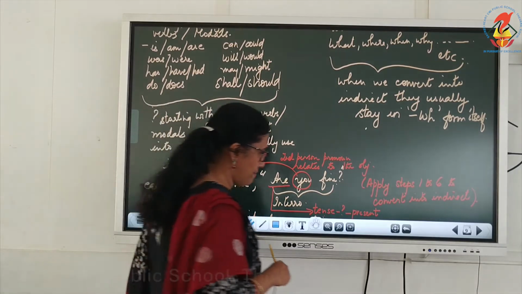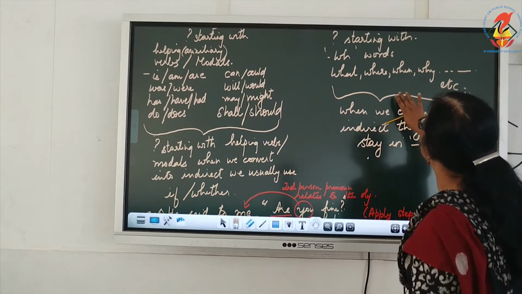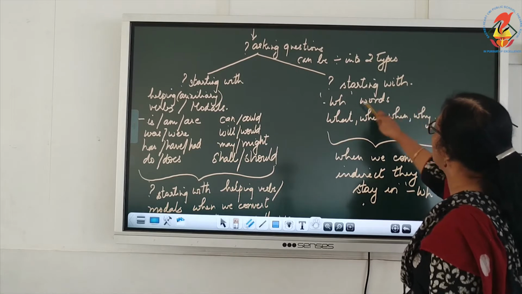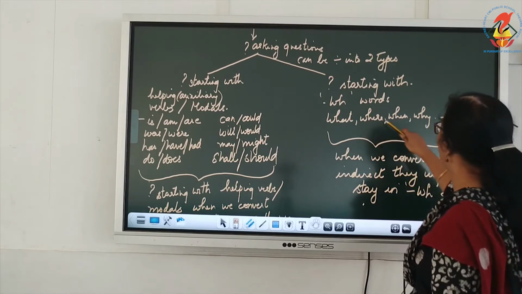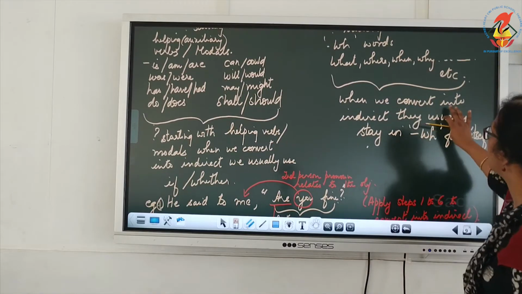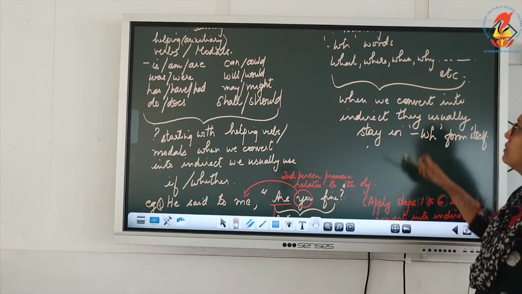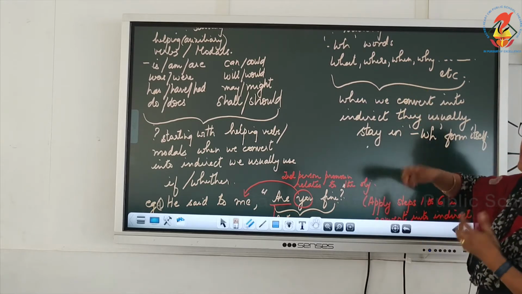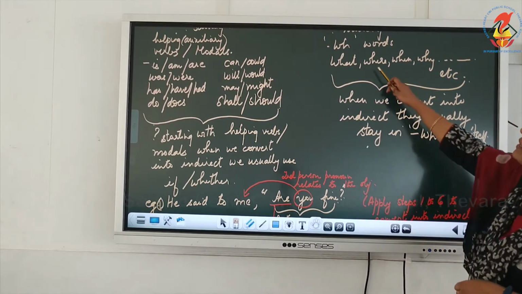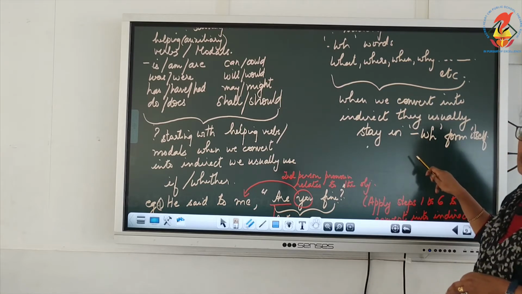But if your questions begin with any of the WH words like who, what, where, when, why, then we cannot replace them. They usually stay in the WH form. Usually, the WH words are retained in the indirect form.